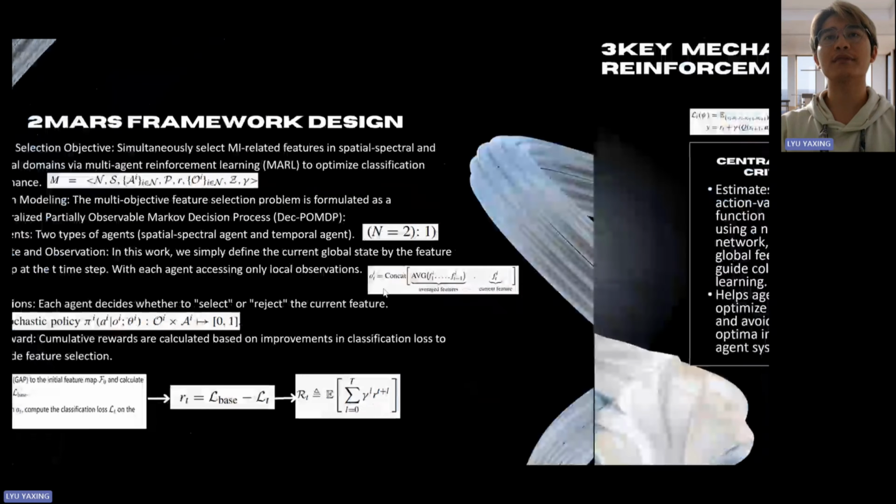MARS selects the MI-related features to generate a final feature map FT, applying global average pooling to create a global feature vector and using it in a classifier for MI prediction. It ensures efficient and accurate EEG classification.